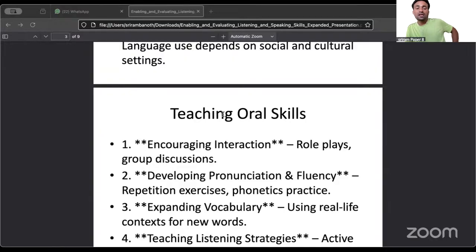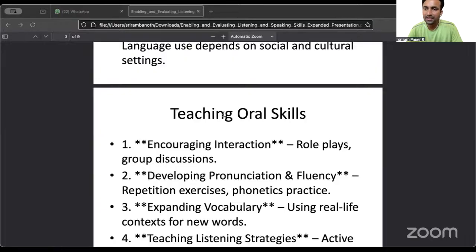Developing pronunciation and fluency: repetition exercises, phonetics practice. So we should not blame any children, because first of all, a teacher should know how to pronounce the words, how to articulate.